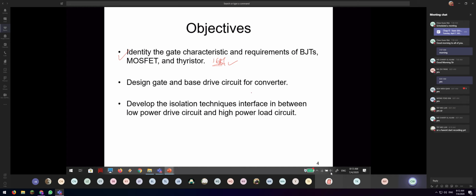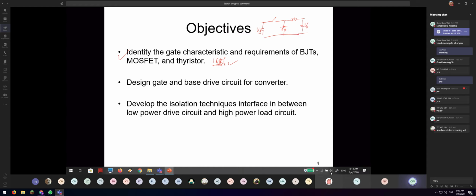Basically, in converters you have the buck converter, the push converter, and so on. So for example, we have a simple buck converter.